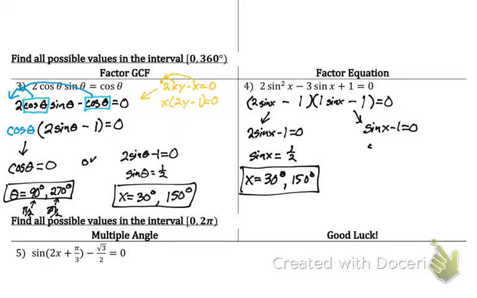Our other one will just be sine x equals 1. Now, if it's sine or cosine, we're looking at our verticals or horizontals for those ones. We know that's not true for tangent, but for sine and cosine, you just have to look at your verticals or your horizontals. Where does sine equal 1? 90 degrees. At 90 degrees, straight up. So we're going to have x equals 90 degrees.